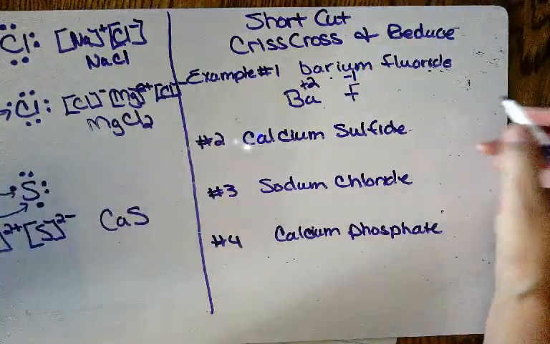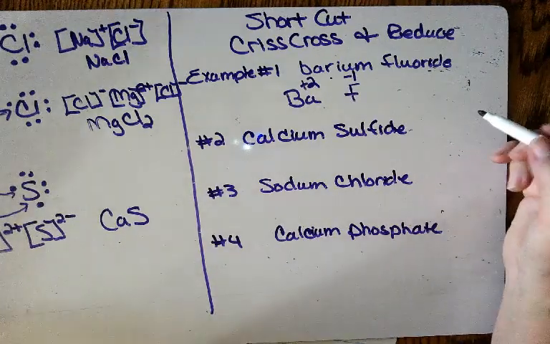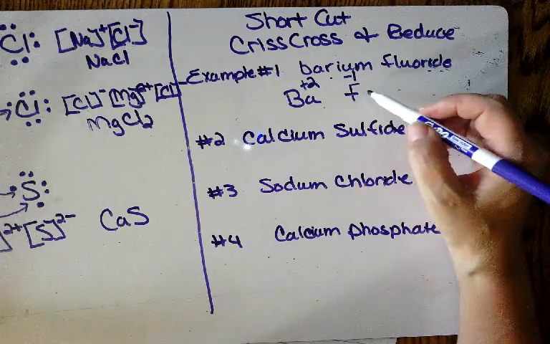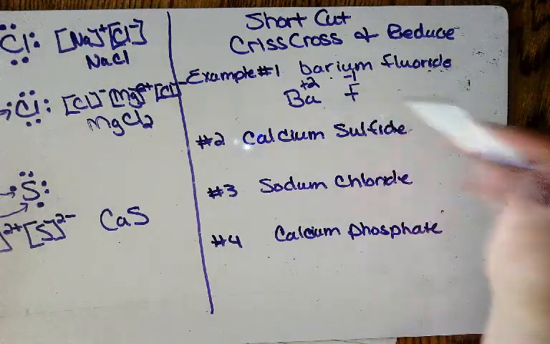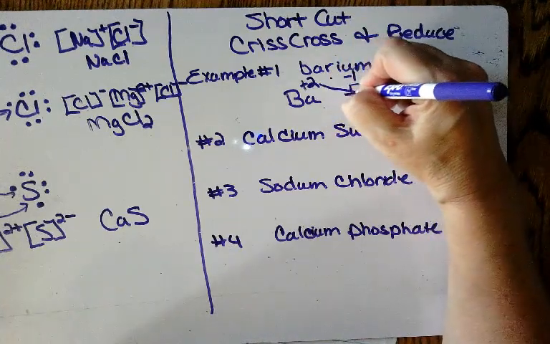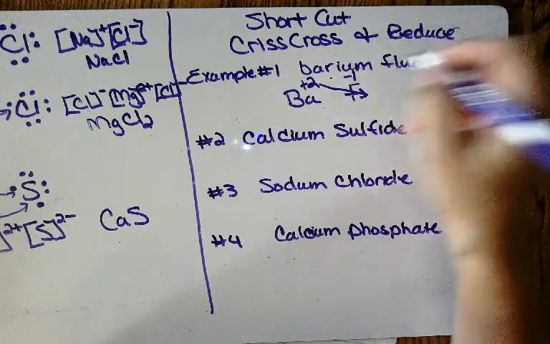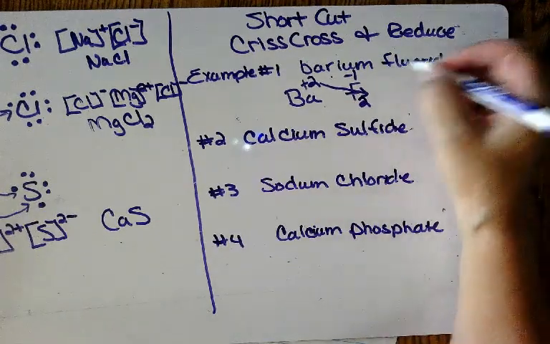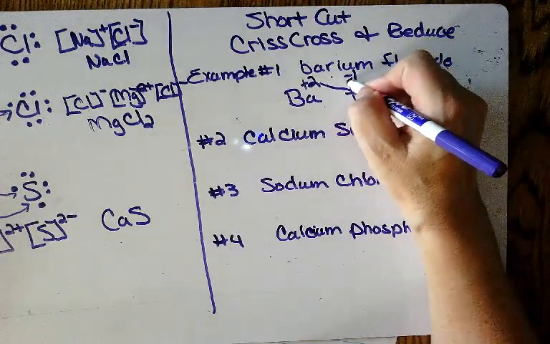Okay, so if I drew out my Lewis dots, you would see that we would need 2 fluorines for every 1 barium. But instead of writing out the Lewis dots, draw this arrow and move this charge down here to the subscript position and put a 2 there. Okay, and then move this 1 down here.